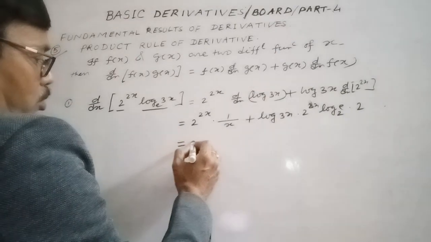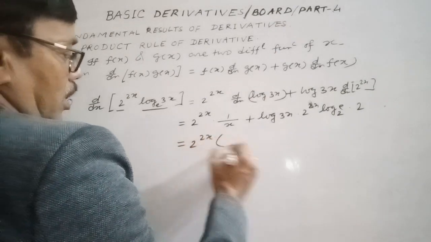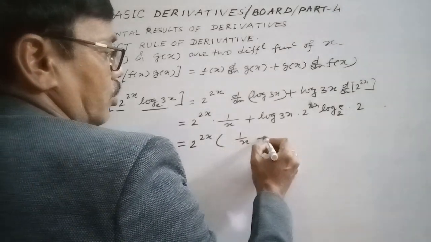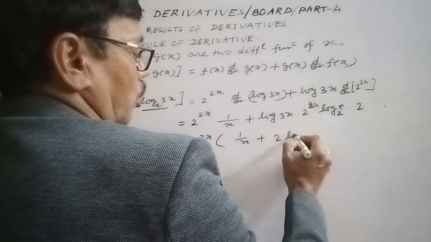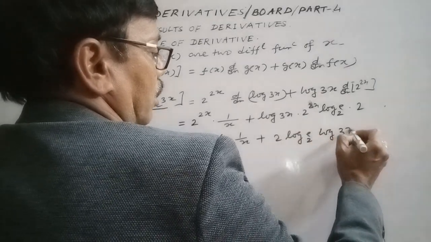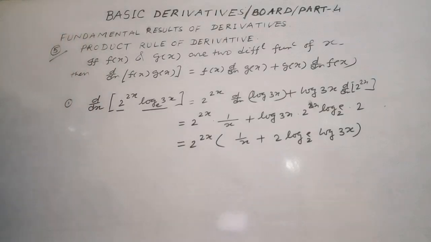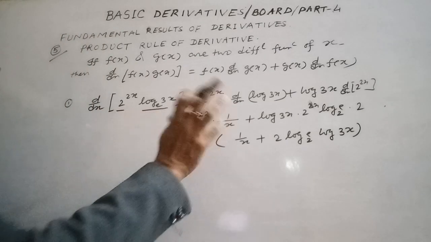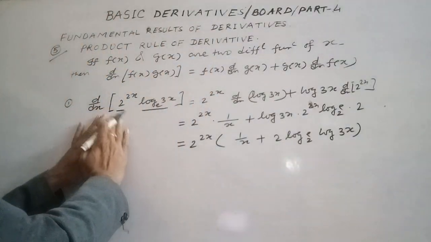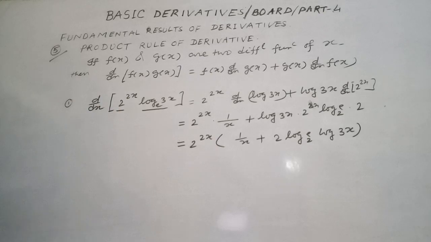So 2 to the power 2x is common, 1 by x, 2 log base e of 2 into log 3x. So product of two functions. So the main aim is you have to remember the formula.